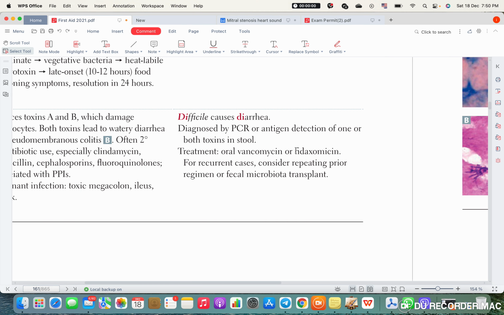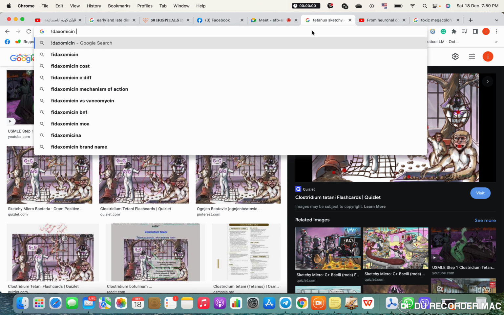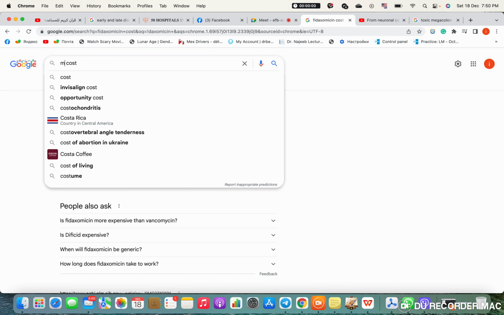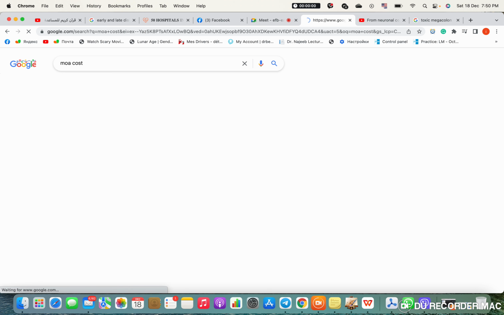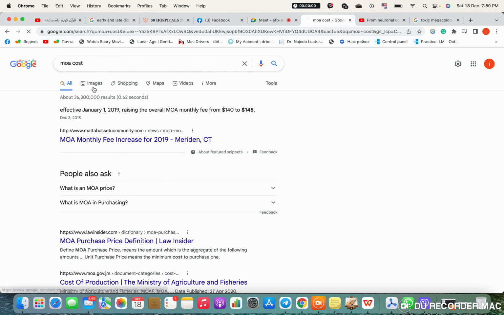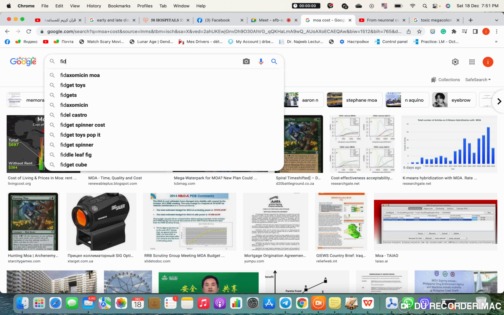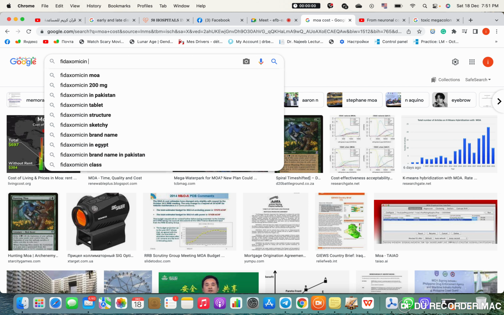What is the mechanism of action of fidaxomicin? You must know the mechanism of action. Fidaxomicin.